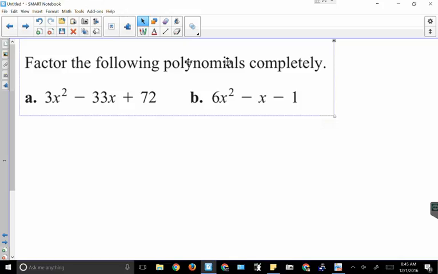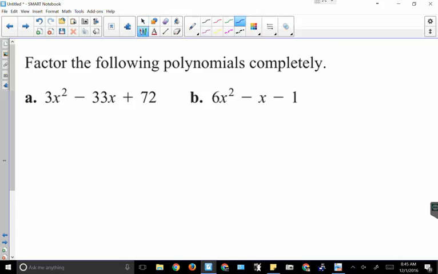So if I go through this and factor out a 3 first, what is left? Well, that would leave me with x squared minus 11x plus, well, what's 72 divided by 3? 24.